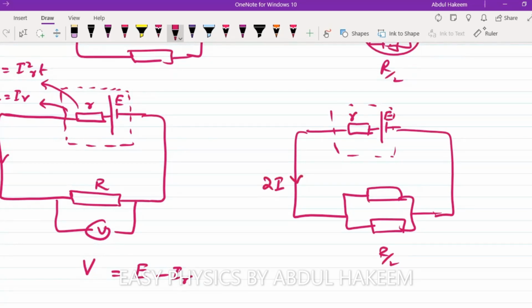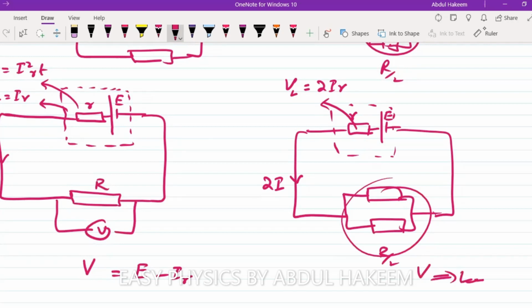Due to double current passing through this R, more energy is lost, more potential is lost. So the lost potential becomes 2IR. So less voltage is supplied to it. The voltage supplied will be EMF minus 2IR.